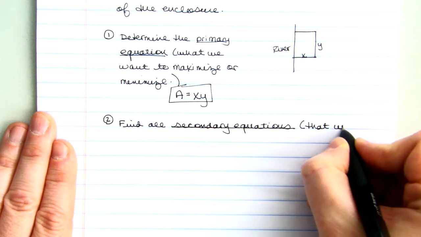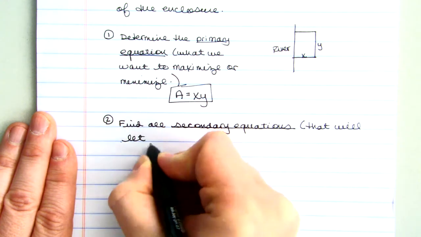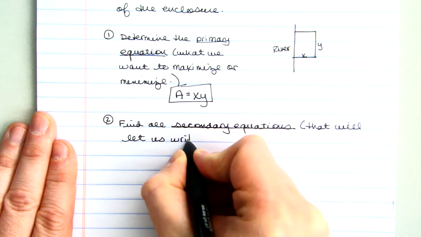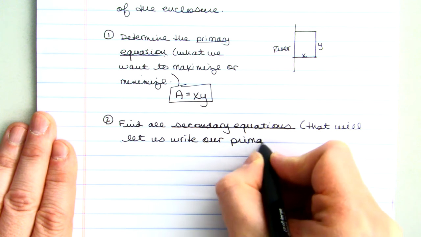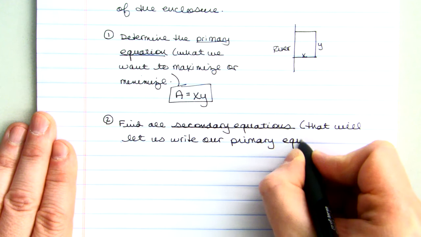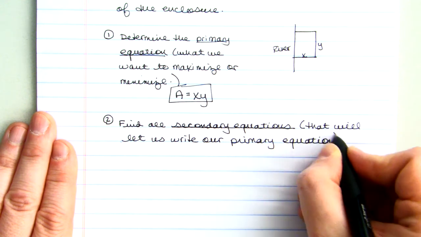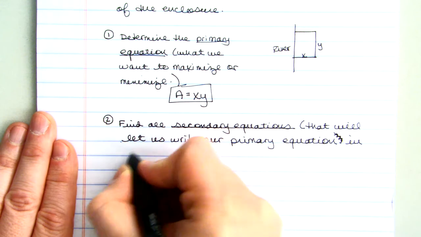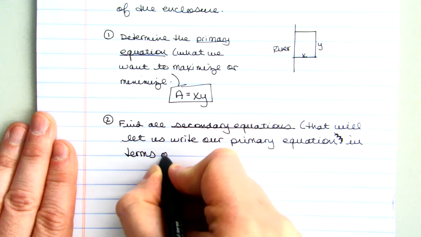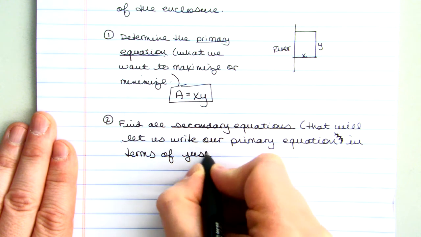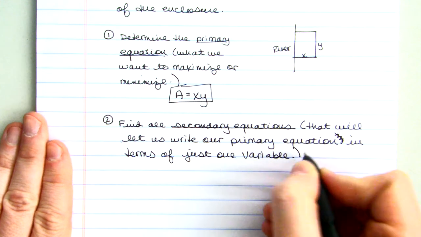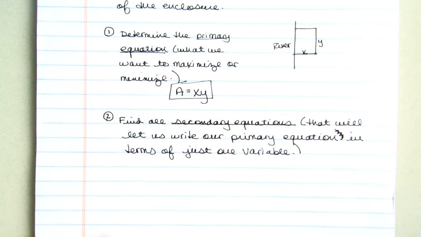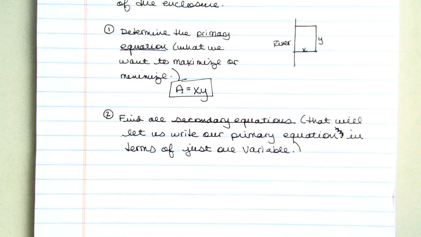Step number 2, find all secondary equations, and those secondary equations will let us write our primary equation in terms of just one variable. Get that copied down.